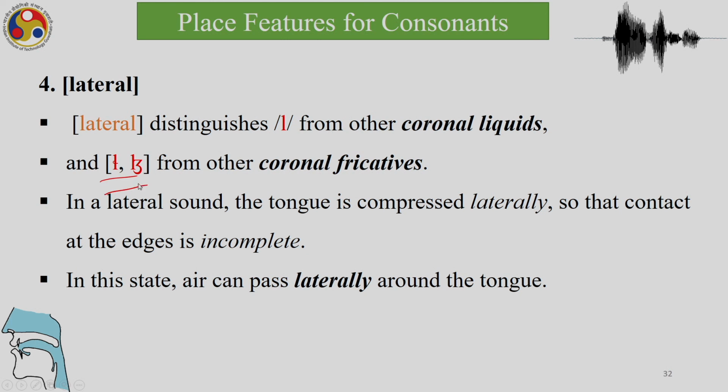In a lateral sound, the tongue is compressed laterally so that contact at the edges is incomplete, and in this state air can pass laterally around the tongue. So that's what lateral means: there are two sides, and that's why in lateral sounds air can pass from both sides of the tongue.